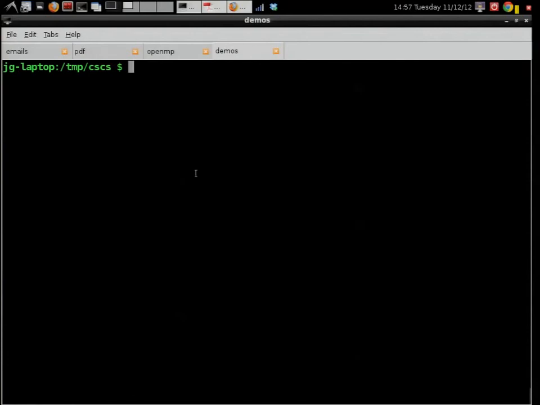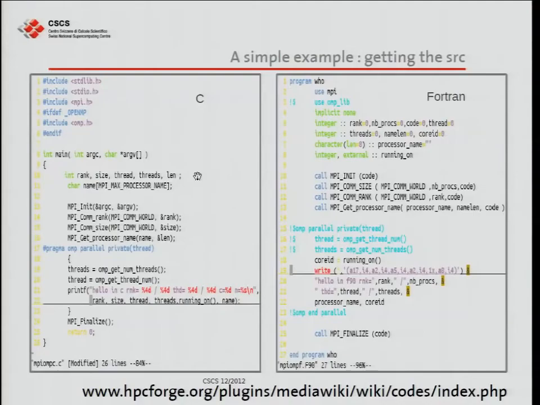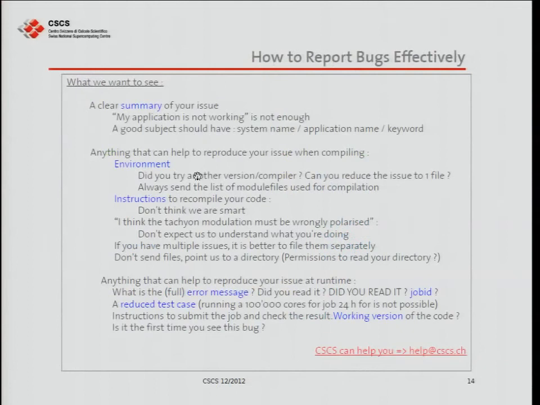It's more or less the same on Pilatus, except that you have to use srun instead of mpirun, but everything is inside the video, so it should be rather easy to follow. One last thing: if you find a bug and you don't really have a solution, it's always possible to send us a ticket.